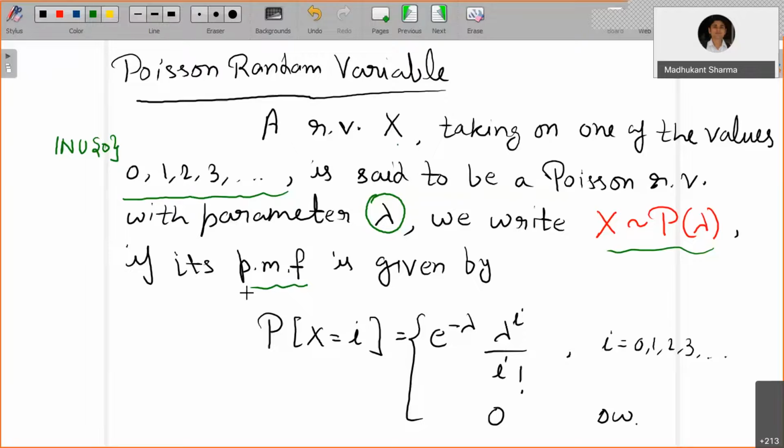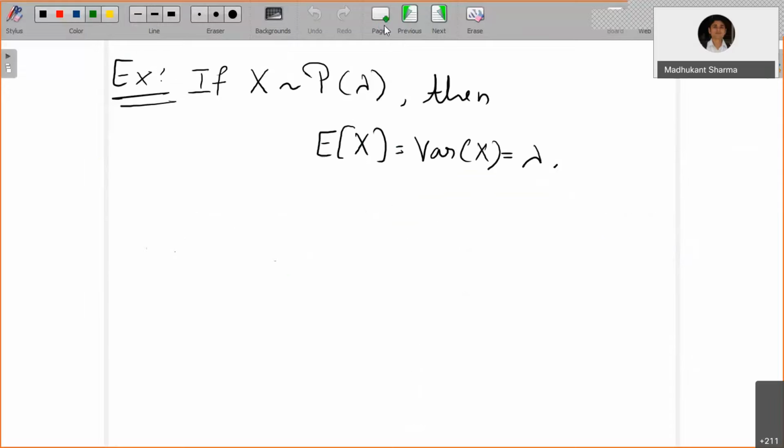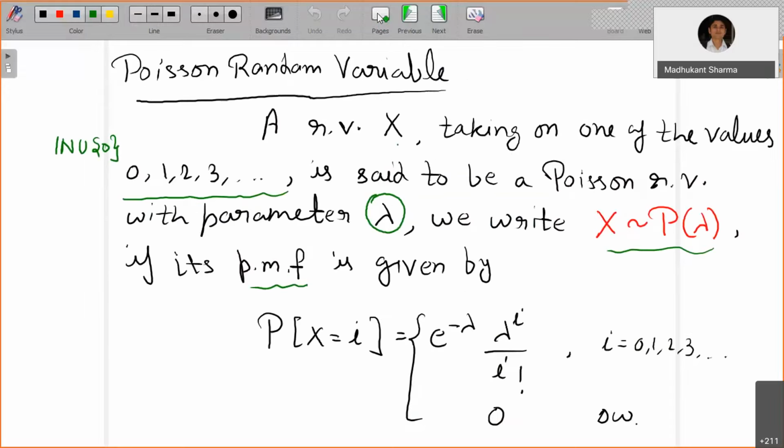I have mentioned that this is a PMF, so it should satisfy all the properties of a PMF. It should be strictly greater than 0, and the summation over all values of i should turn out to be 1. Let me show you that it satisfies all the properties.